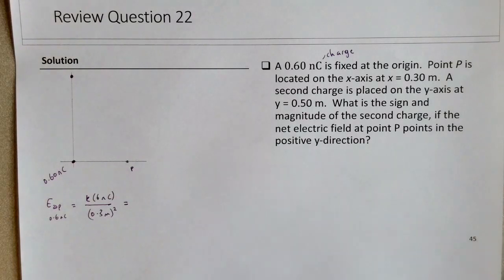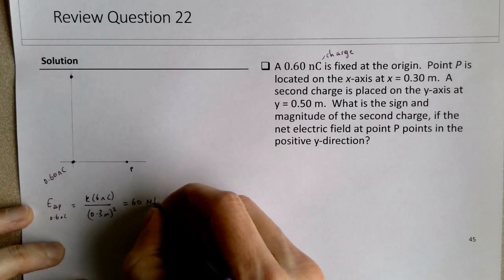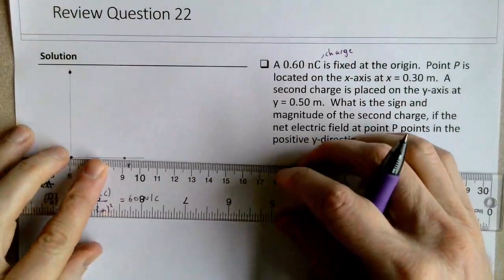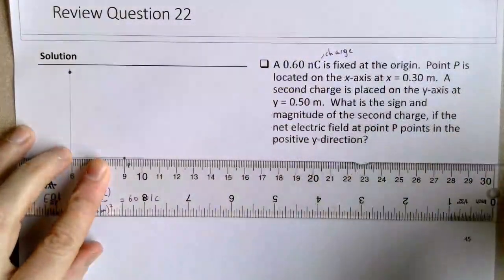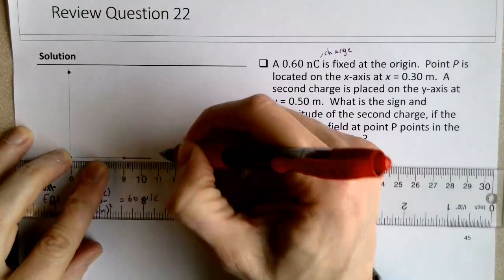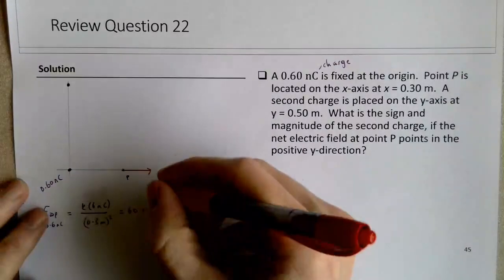If I take this out, we should get 60 newtons per coulomb at point P. So I'll just draw a vector here to indicate that the field due to the 0.6 nanocoulomb charge is 60 newtons per coulomb.